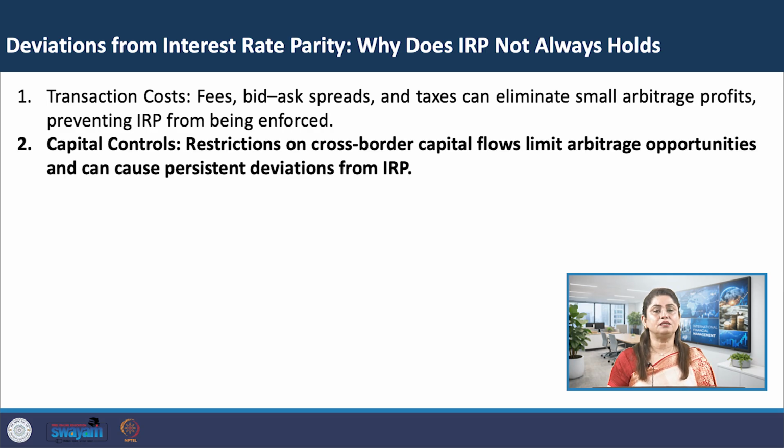The second reason is capital controls. That is, IRP requires that capital can move freely across borders. But some countries impose restrictions on how much currency can be converted, how much can be invested abroad, or how quickly funds can be repatriated. When these restrictions are in place, the arbitrage mechanism is blocked and IRP can deviate persistently.